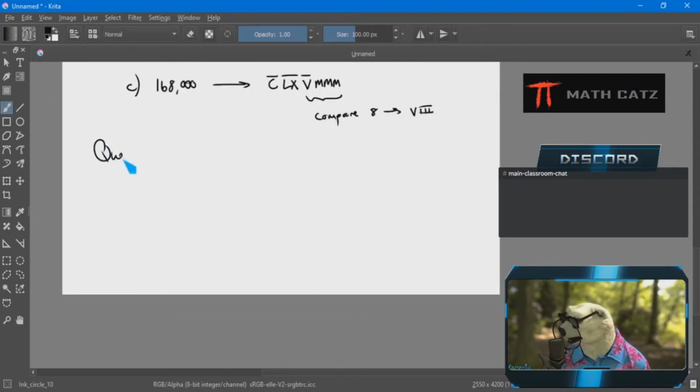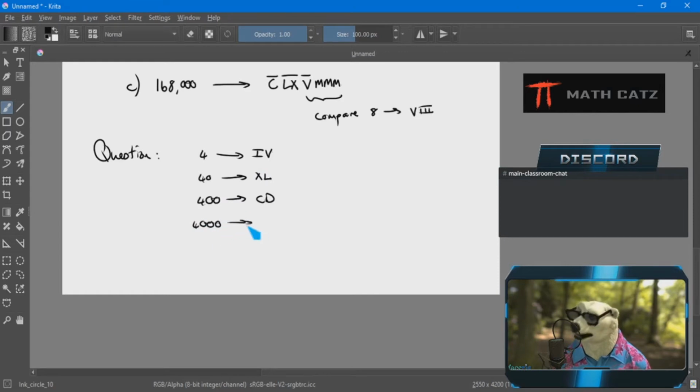So here's another question. It's not really a new rule, it's just something that needs to be clarified. If we look at 4, that was 1 less than 5. 40 was 10 less than 50. 400 was 100 less than 500. What's going to happen to 4,000?